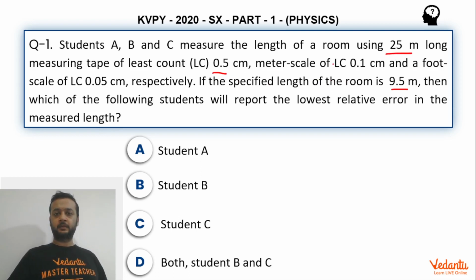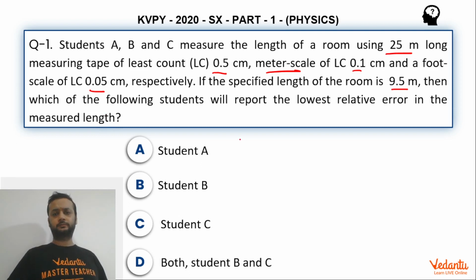The second student measures this length using a meter scale of least count 0.1 centimeter, and the third student measures it with a foot scale. That means the scale is a foot long, with a least count of 0.05 centimeters. We have to find for which student the relative error will be maximum.